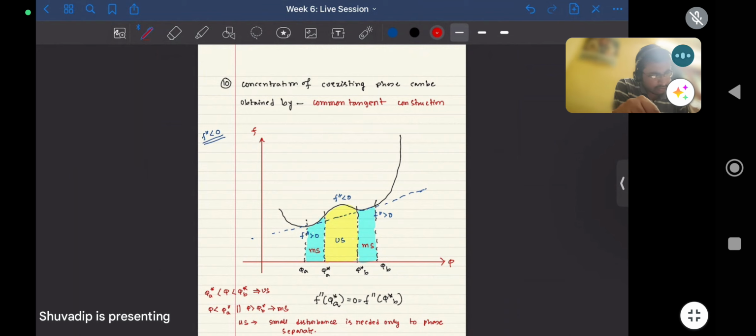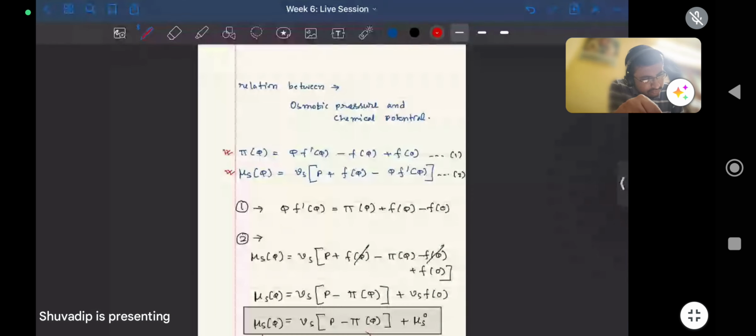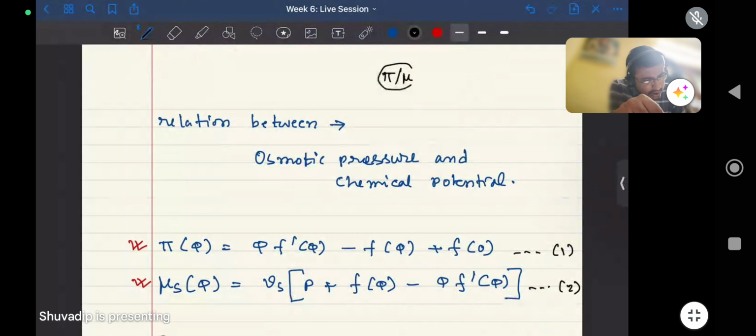So the phase equilibrium is always characterized by equality of both osmotic pressure and chemical potential. So here we have calculated two properties, pi and mu, at equilibrium.